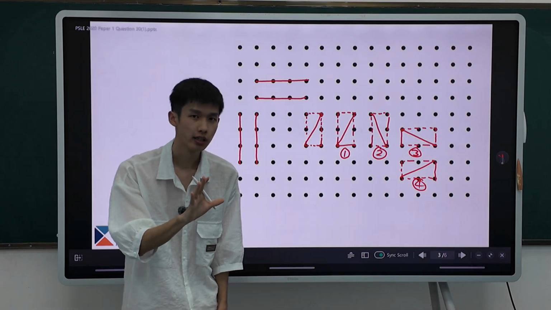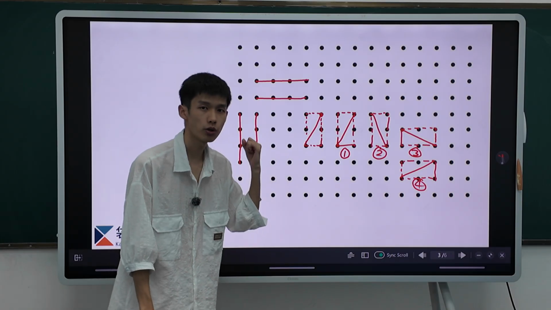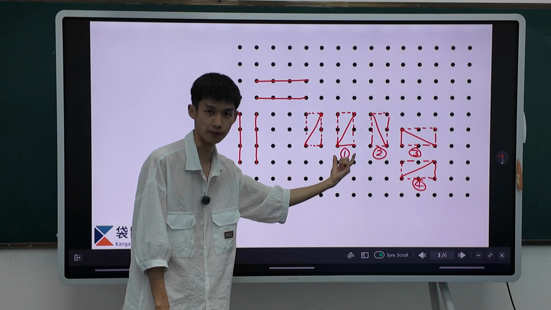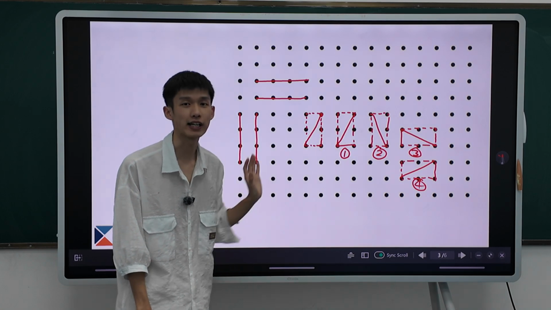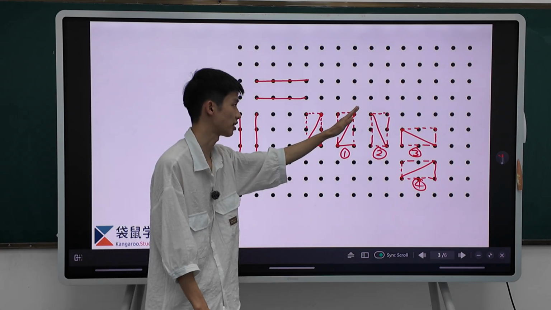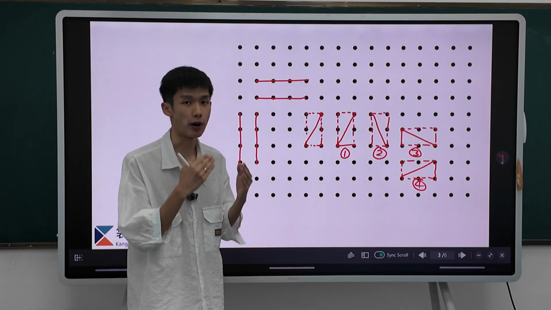But which one is parallel to the original one? Yes, only the first one. Not just the same-size rectangle, but also the same direction for the rectangle and for the diagonal. That's how we draw parallel lines.